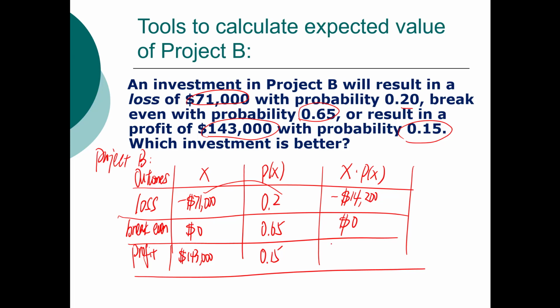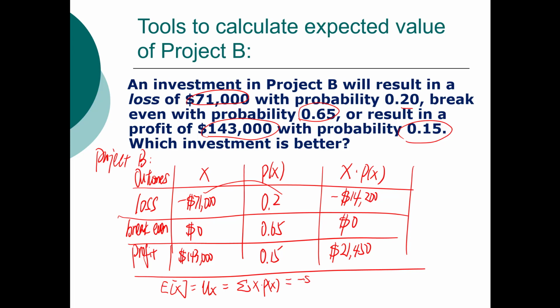And then 143,000 times 0.15, and that turned out to be 21,450. You combine this, we get total return. So the expected value here, the average return of all outcomes, is the sum of x times p of x.